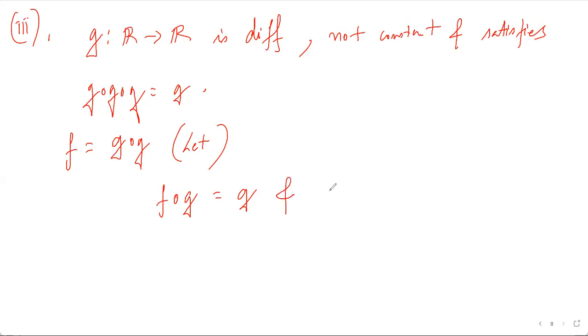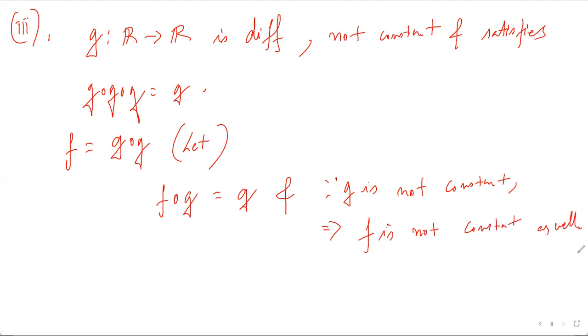And since g is not constant, that implies f is not constant as well. So here this is the f that we are considering. Don't mix it up with the previous f in the second part. Now let's get some beautiful properties.